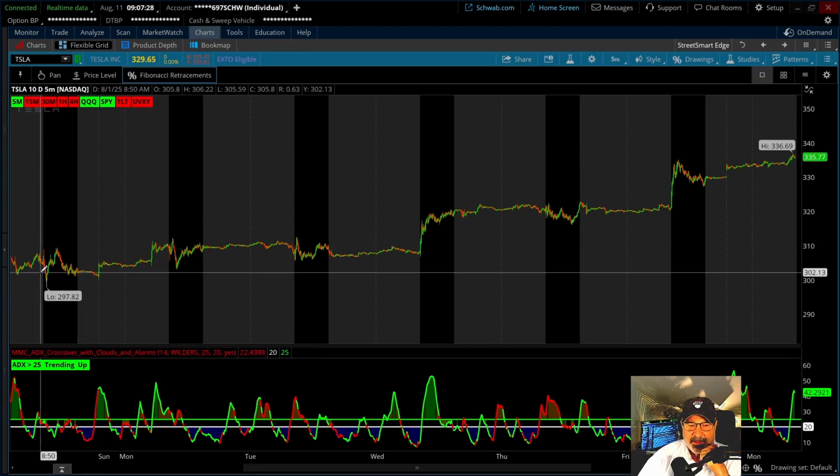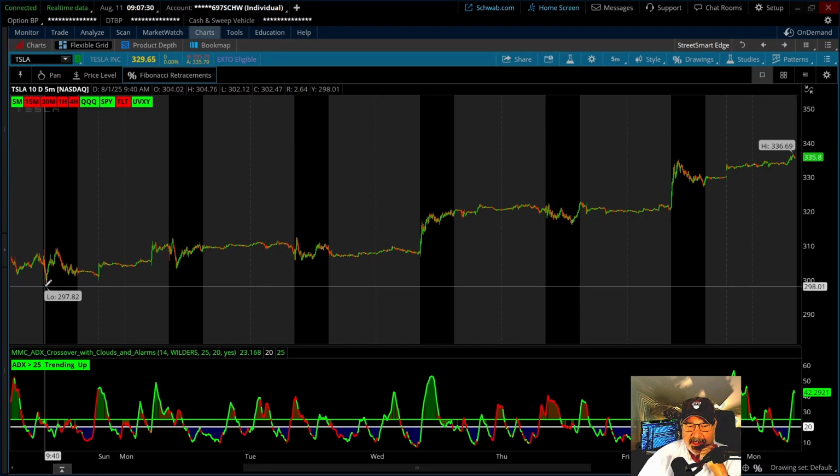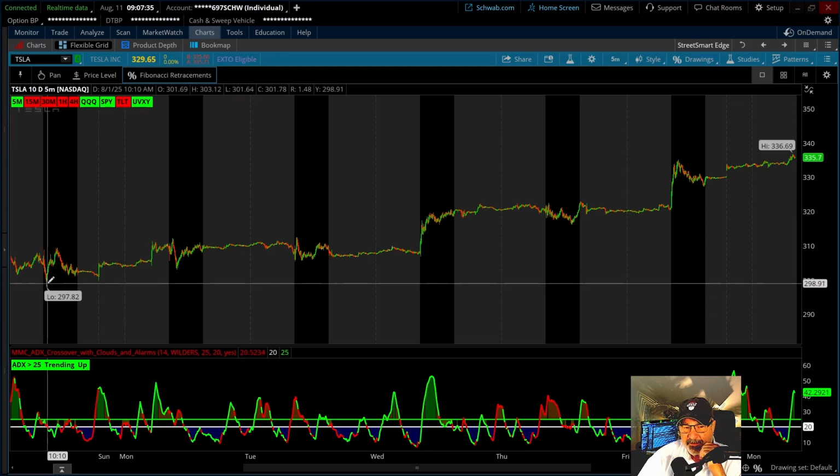And I'm liking the way it's been moving lately. Typically, I don't like Tesla because if you're trading a consolidation strategy, this stock's impossible to call consolidation on because it's all over the board. So I normally would not trade this.